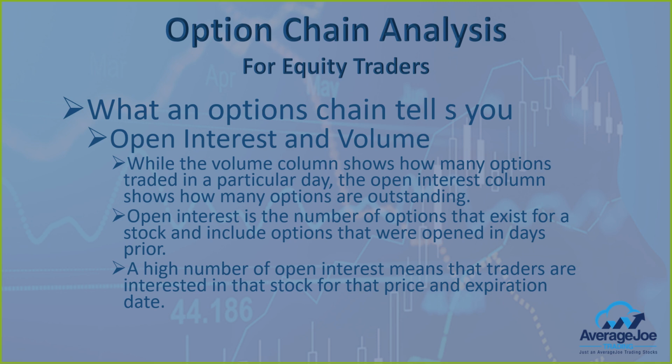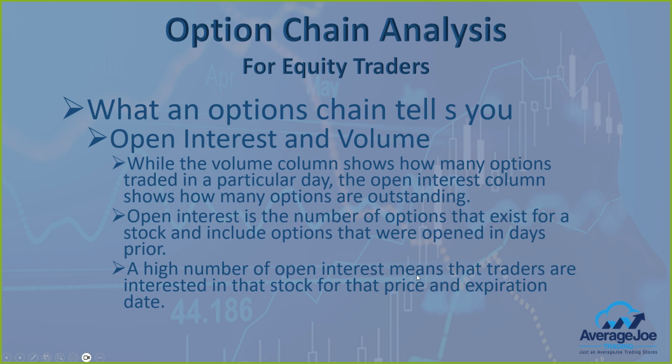This is what's executed on these particular option contracts that expire at the end of the week throughout the last several days. So a high number of open interest means that traders are interested in that stock for that price and expiration date.